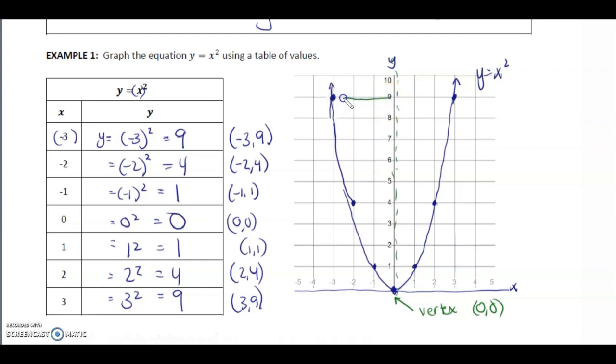So negative 3 and 3 both plot onto 9. Negative 2 and 2 both plot onto 4, negative 1 and 1 both plot onto 1. You could take any number here, and if you plug in the positive and negative of it, all of these are going to be equidistant away from this axis of symmetry.